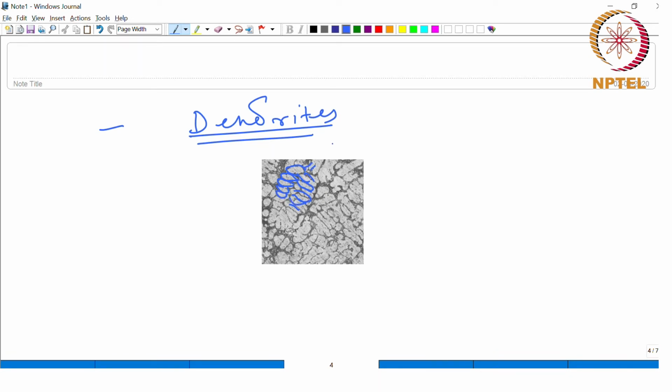If you look from the top, it looks more like this.